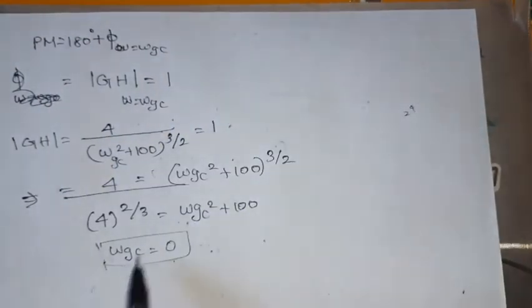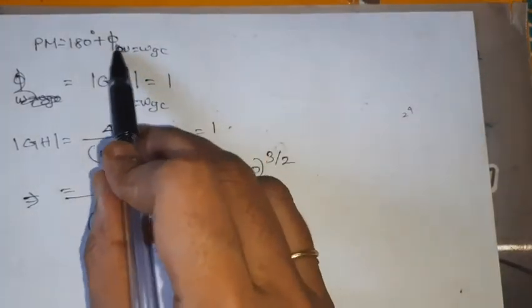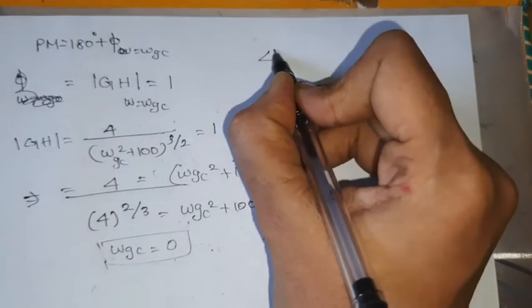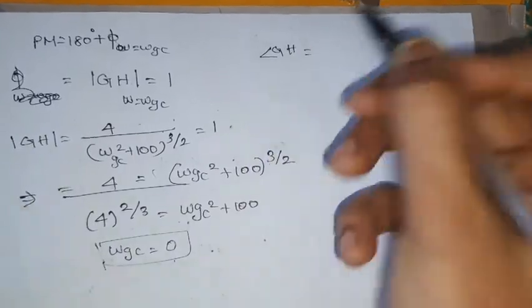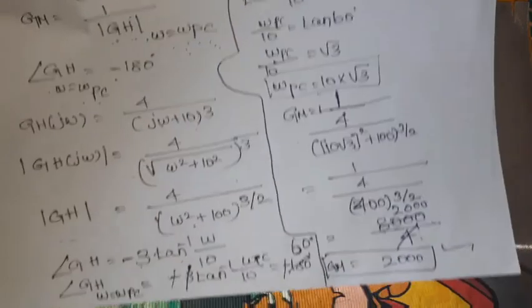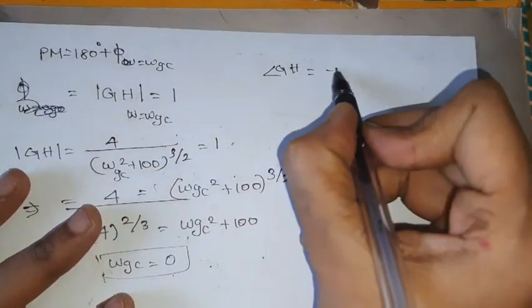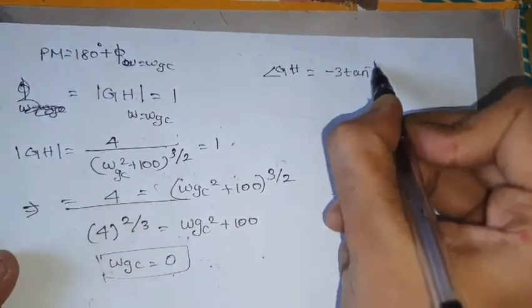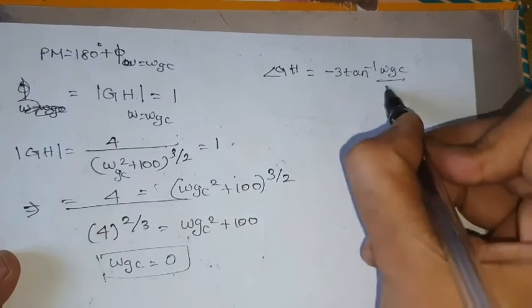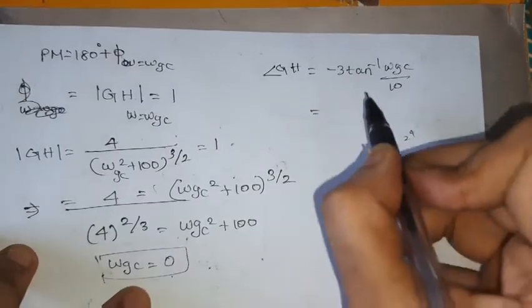Next, with the omega GC value, we have to find the phase value, angle GH, which is equal to minus tan inverse of omega minus 3 tan inverse of omega by 10. Omega GC by 10, we found omega GC as 0.